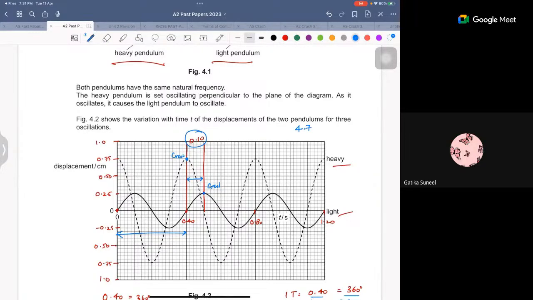Probably they might have taken it as a difference like it started from this point. If you take this point, this is 0.10, and the next time this forms here, this is 0.40. What is the difference? 0.30. That's the phase difference as well.